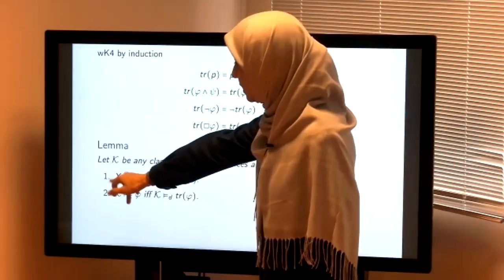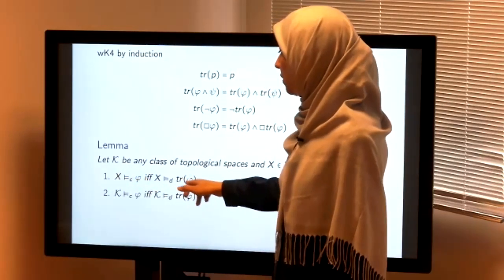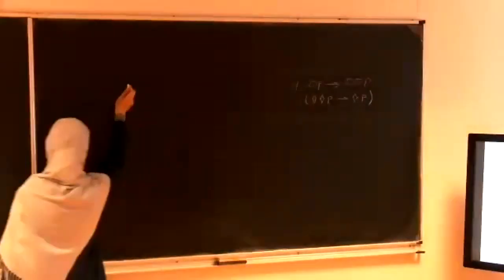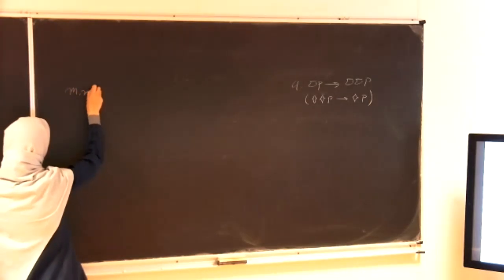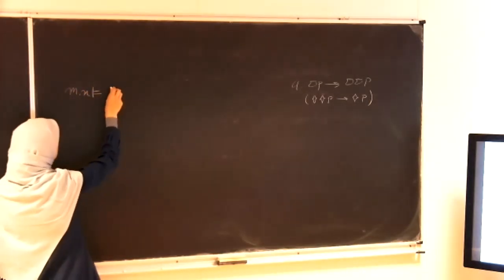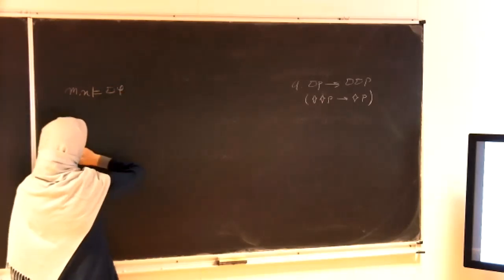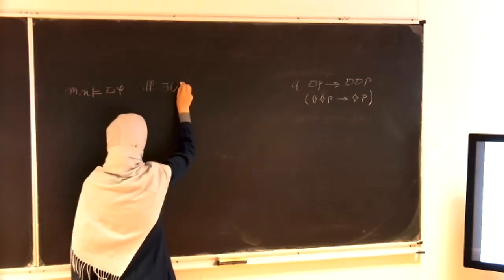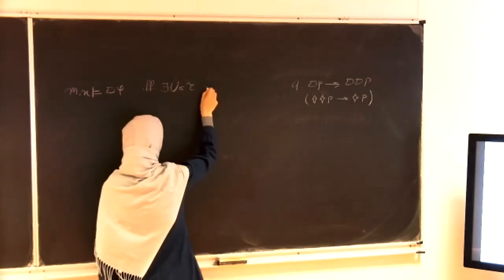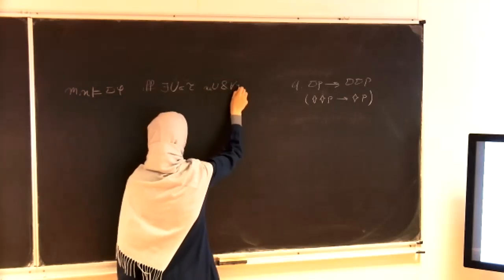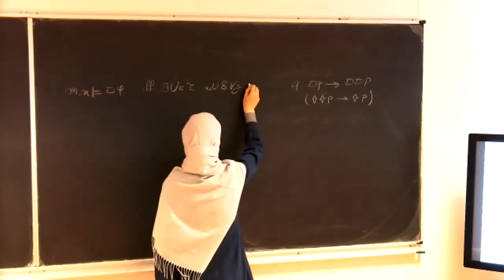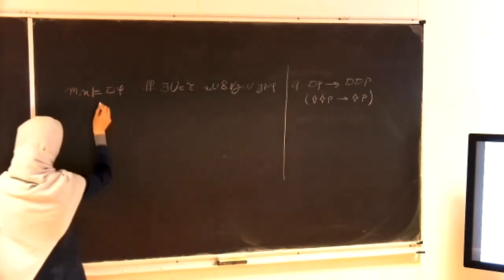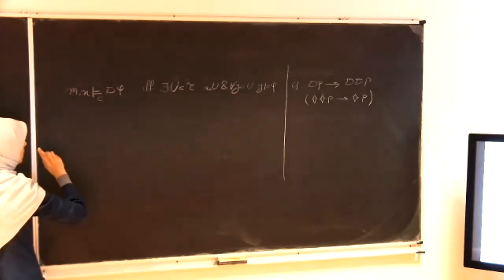Then phi is C-valid in X if and only if the translation of phi is D-valid in X. I think it should be clear because in C-semantics we said that in X, box of phi is true if and only if there exists some open set U such that X is in U and for all Y in U, Y satisfies phi. In C-semantics, we define the satisfaction of box phi in this way.